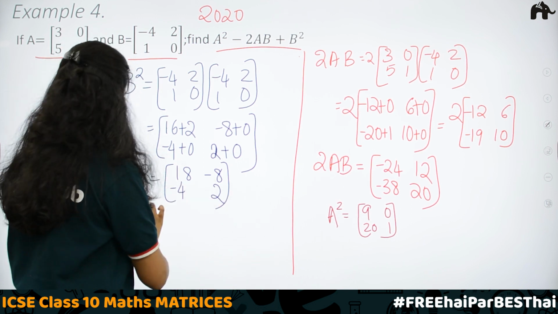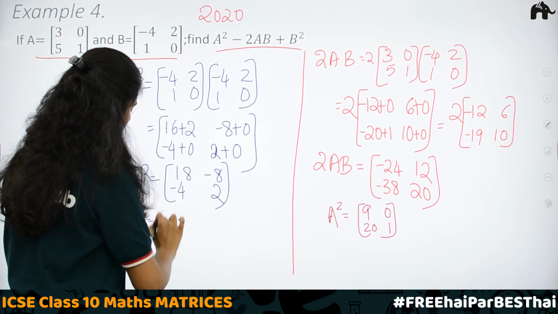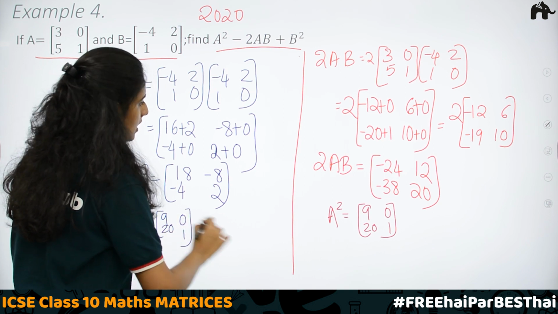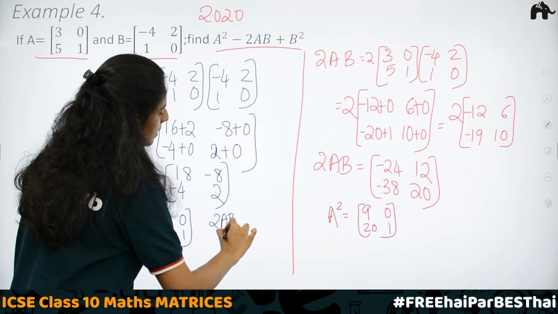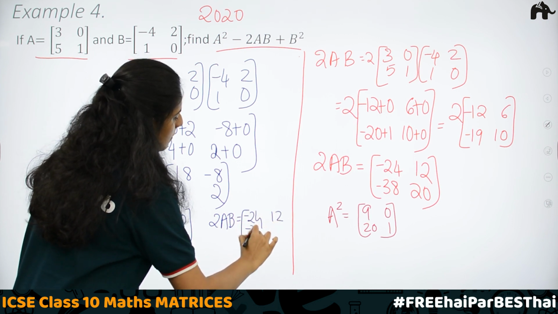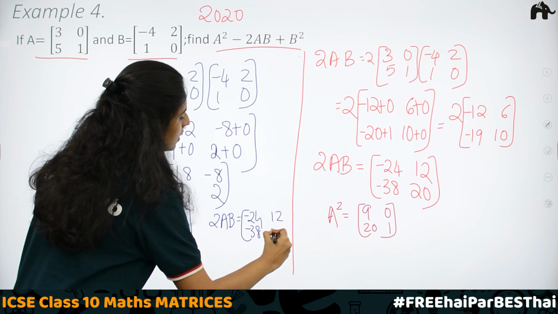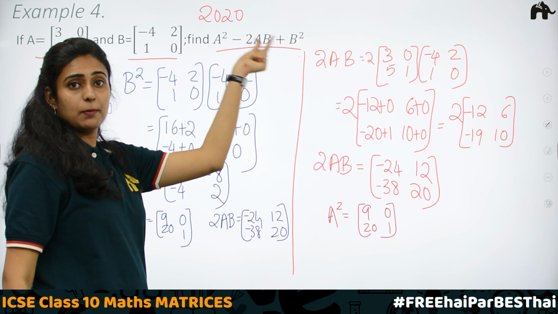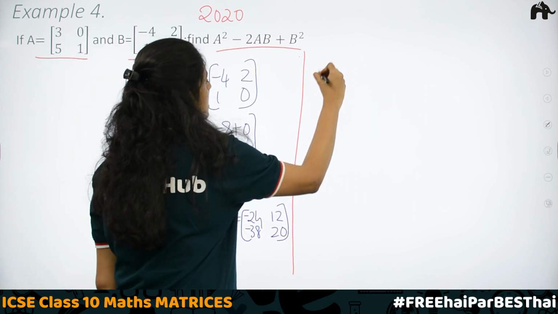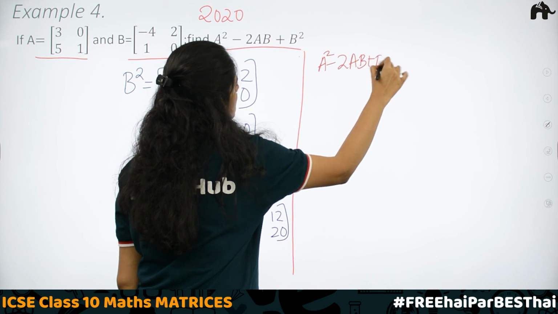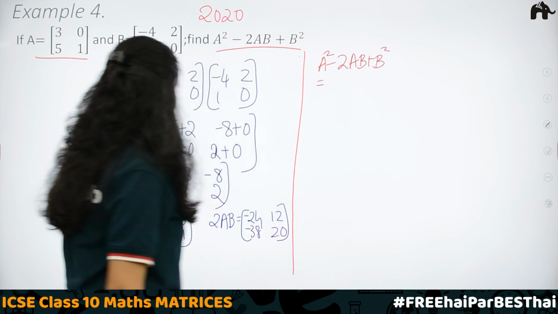Okay, we have A square is equal to 9021. 2AB is equal to minus 24, 12, minus 38, 20. We will find A square minus 2AB plus B square. A square minus 2AB plus B square is equal to, what is A square?